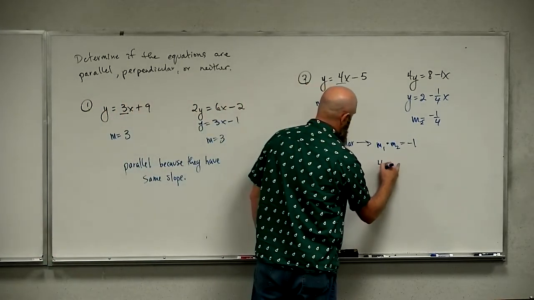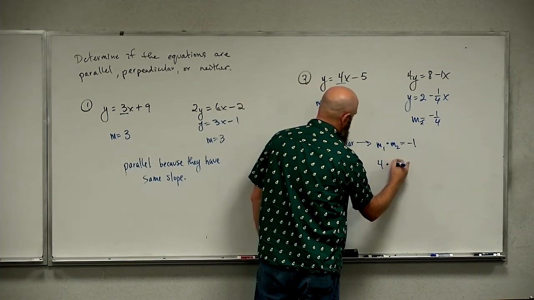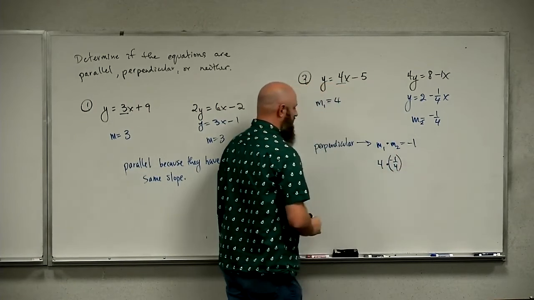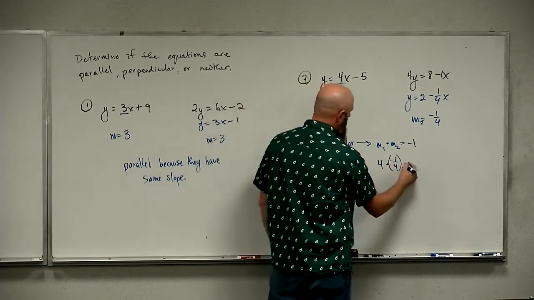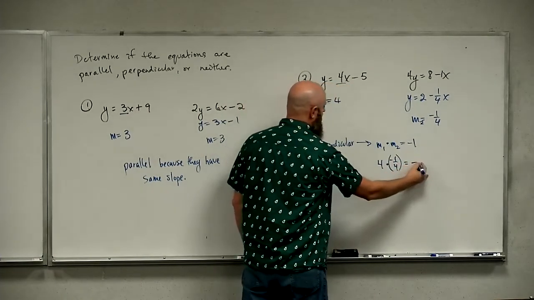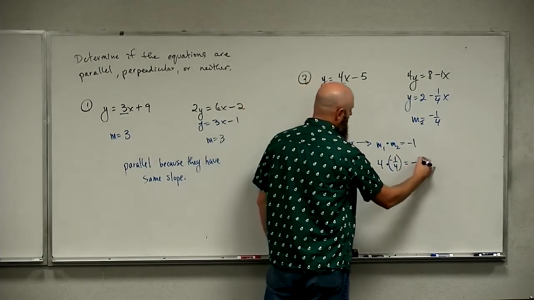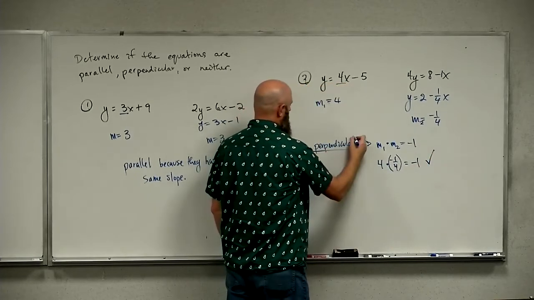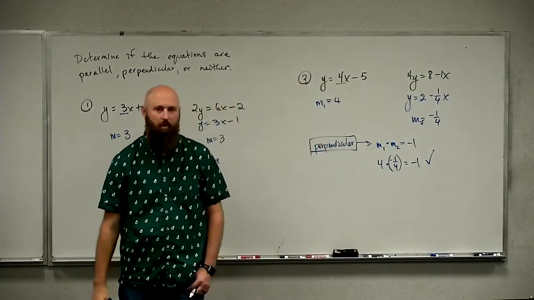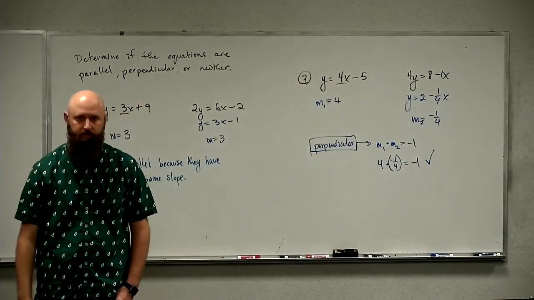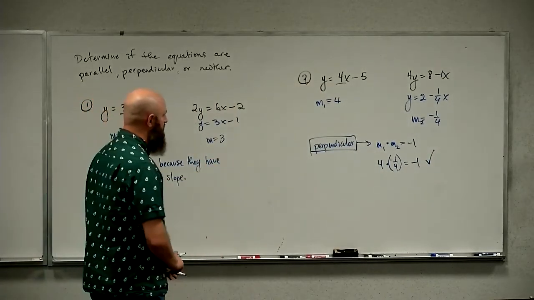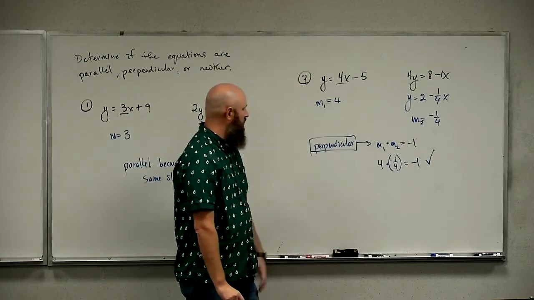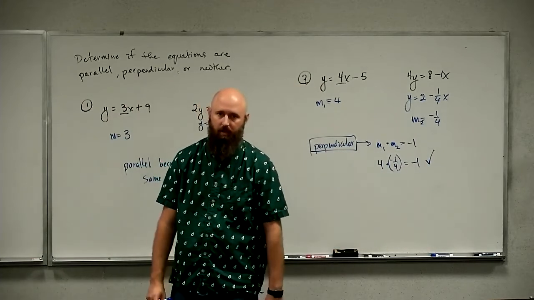So if we take 4 times negative 1/4, we put that in parentheses so we catch that negative there. When we multiply that together, positive and negative make negative. 4 times 1/4 is 1. So yes, it is perpendicular because multiplying them together does equal negative 1. Okay, and that would be enough work to show me. It said perpendicular means this. We did that work, therefore it is perpendicular.